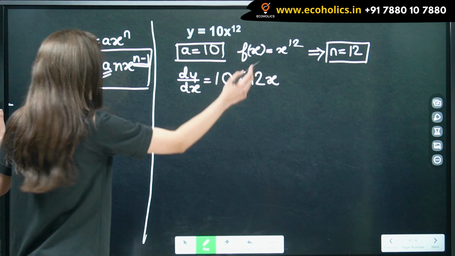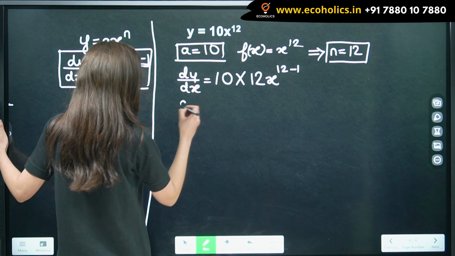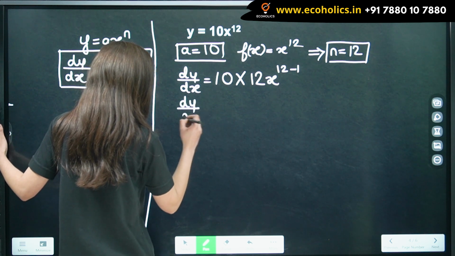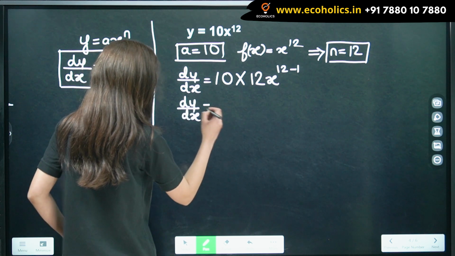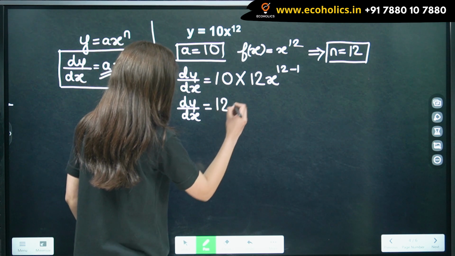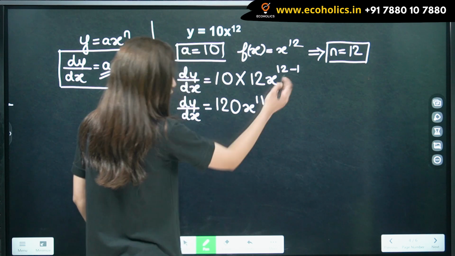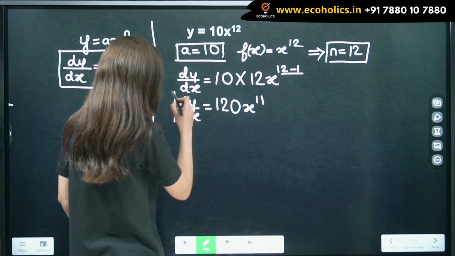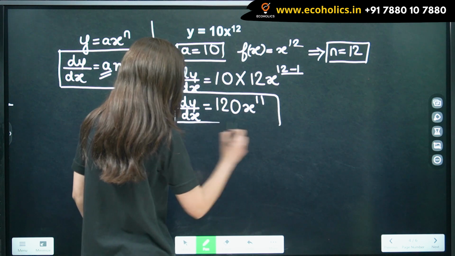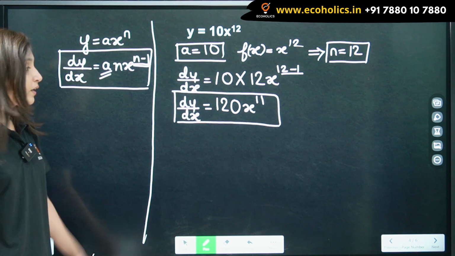So, that is 12 minus 1. Now our dy by dx is equal to 10 into 12, that is 120 x raised to 11. 12 minus 1 is 11. So, this is our derivative. This becomes the final answer.